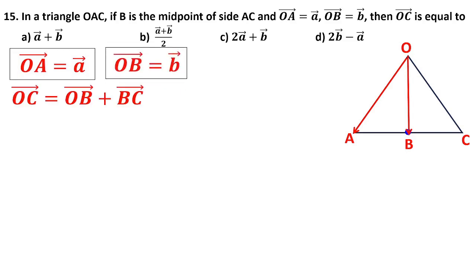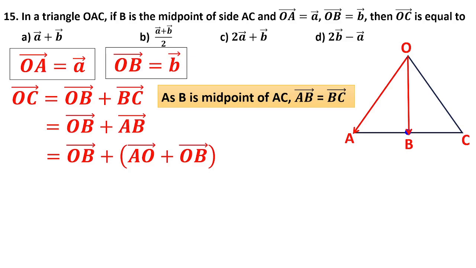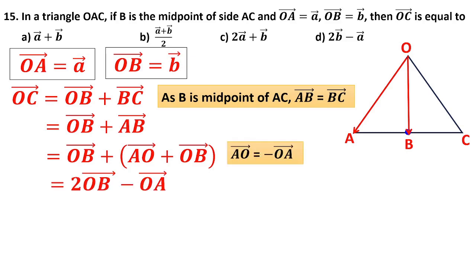It can be written as OB plus BC by using the addition idea of vectors, but B is the midpoint, therefore AB and BC are equal. If I am replacing BC by AB, now this vector AB from the triangle OAB can be written as AO plus OB, but what is AO? It is minus OA. I am substituting it over there, therefore now it will become 2b minus vector a.